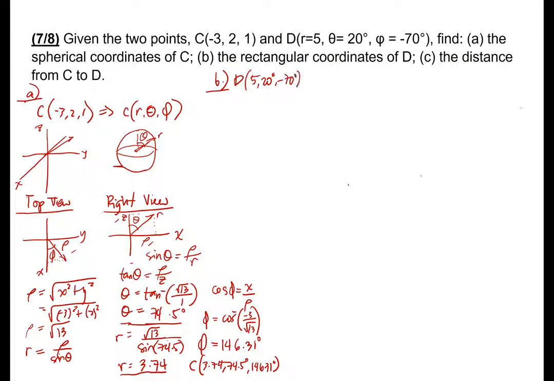We want to convert it to D, which is X, Y, and Z. Given the same drawing, we know that X is negative, but I just make it the standard form in the top view and the right view. All positive, but the given is negative. Don't worry, this is still valid.